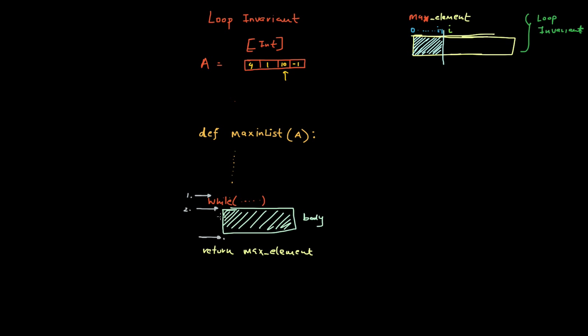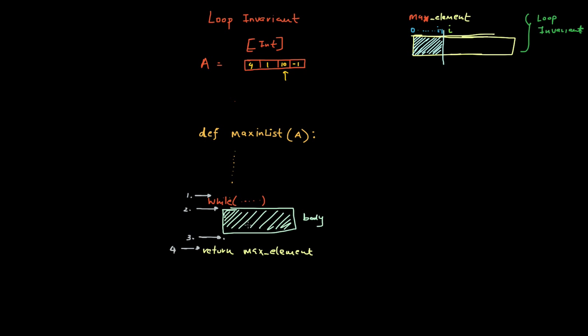Just before the return statement executes, that's my point 4, where the loop invariant must also be true. If my loop invariant is true at 1, 2, 3, and 4, then at least I know that my while loop is working correctly.